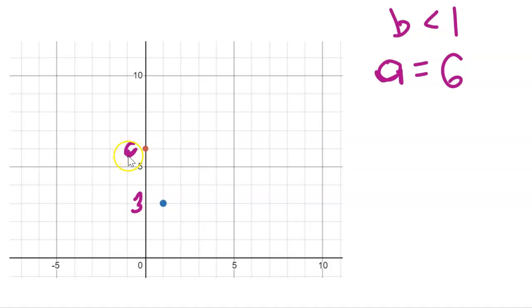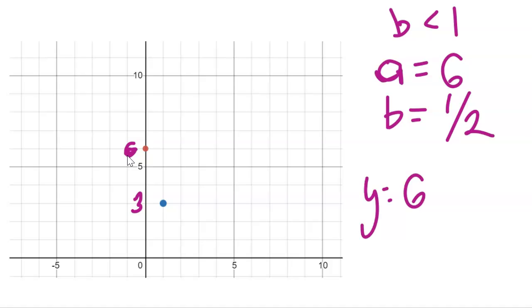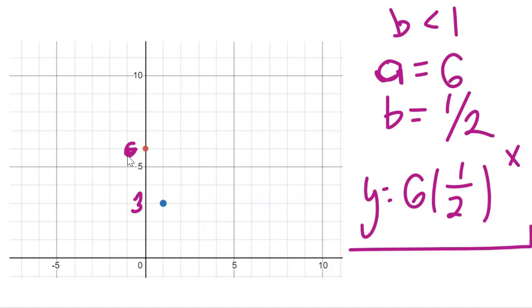So to get from 6 to 3, I'm going to divide by 2. Another way to write dividing by 2 is 1 over 2. So this is going to be my fraction. So y equals what I start with, my initial value, 6 times 1/2 to the x. That's what I should type in Desmos.